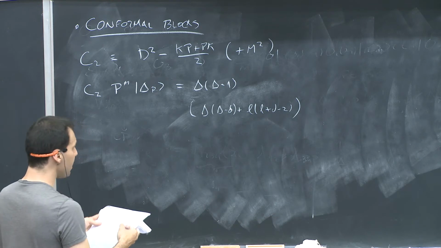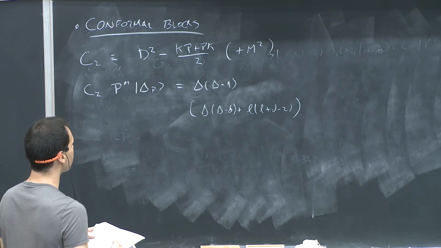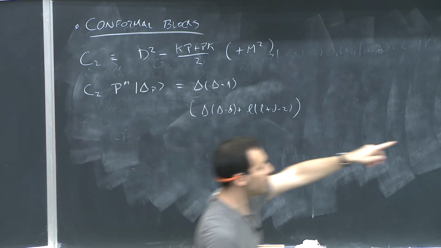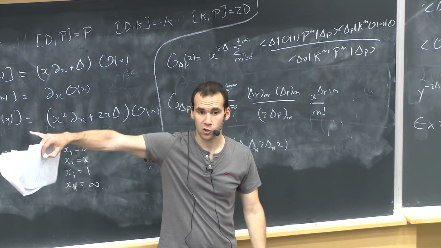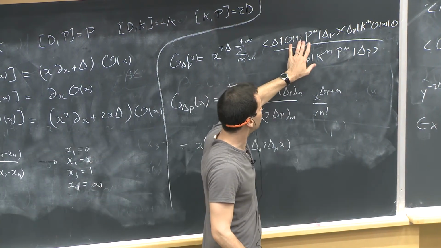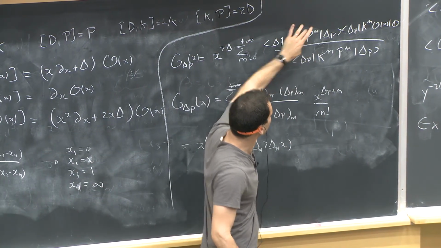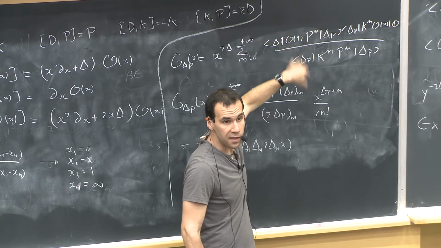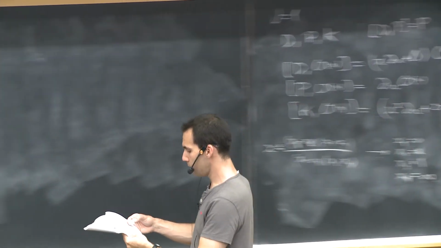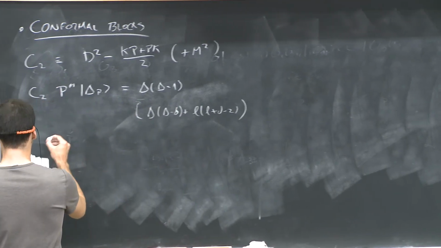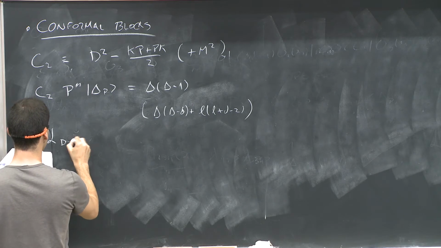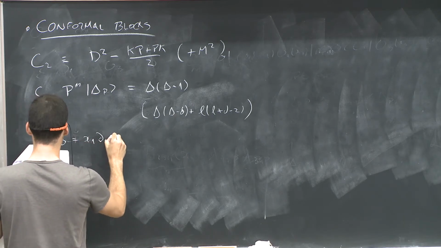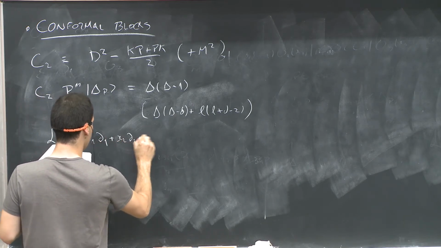Okay, so now the idea is that in the computation that we had there, if you insert C2 here, you already know the answer. It's what I just wrote down. But at the same time, you could commute C2 so that it acts on the other two operators, and then this will give you a differential operator. So when you do that, the operator corresponding to D becomes x1 d1 plus x2 d2 plus 2 delta.